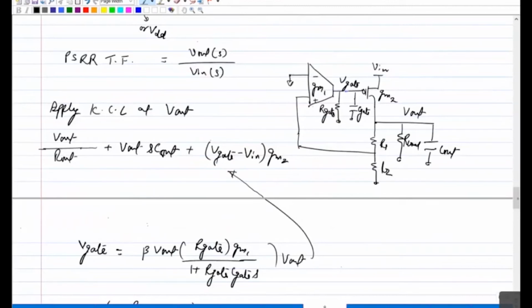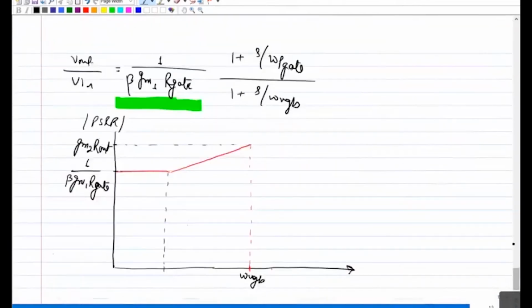And that's what you are getting here, GM2 R out, because your feedback is completely broken after UGB and it will peak at GM2 R out, that is the maximum gain, because the first stage has no significance since your feedback is almost broken after UGB. So whatever portion of the input signal you get at the output will be contributed only by your second stage, and second stage gain is nothing but GM2 R out.